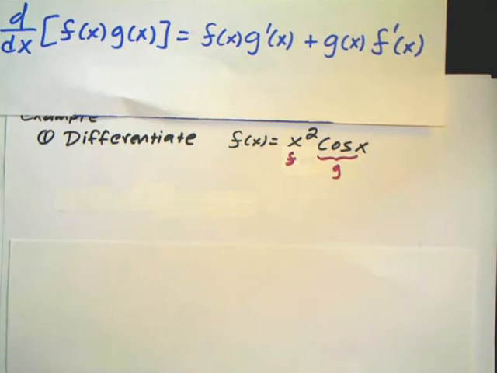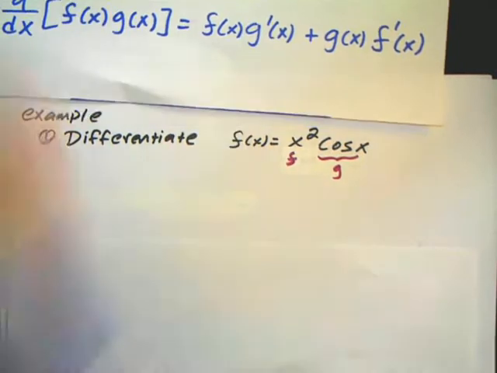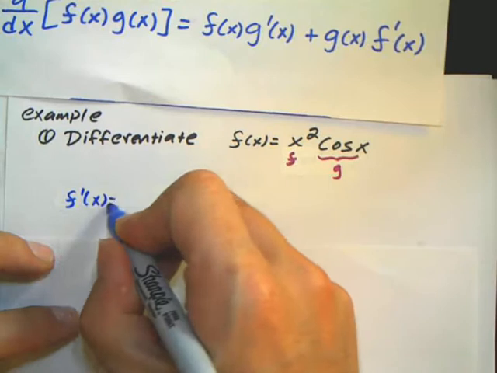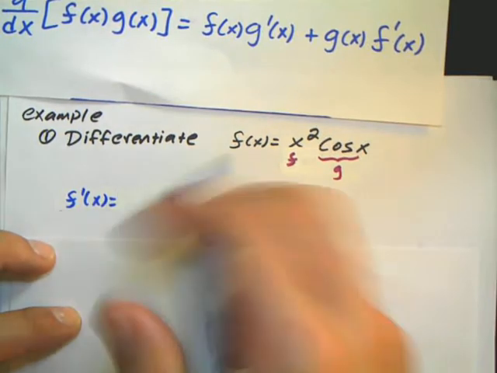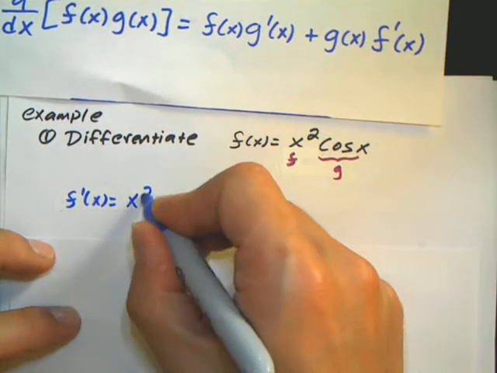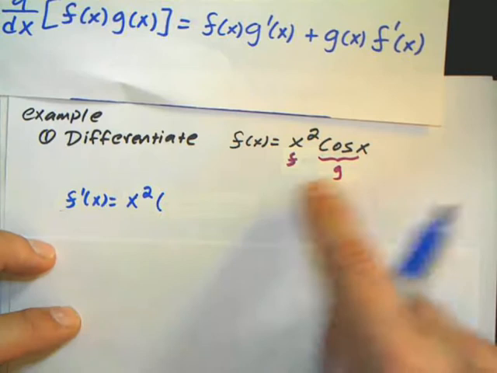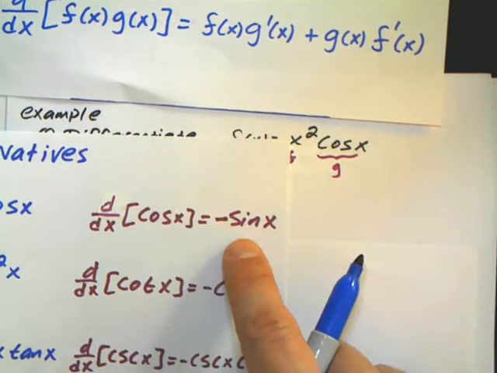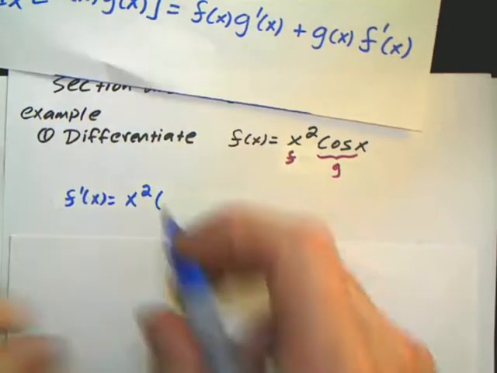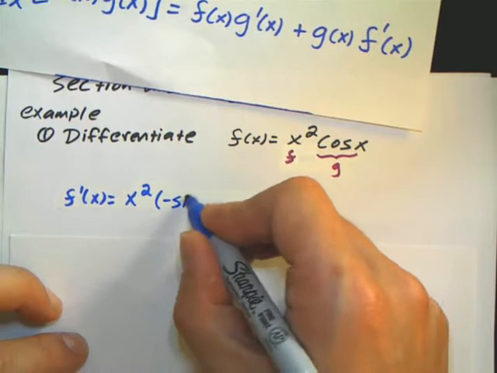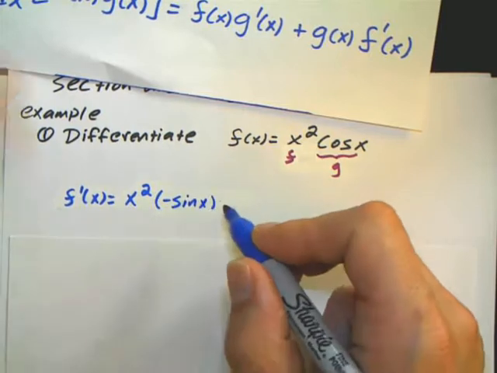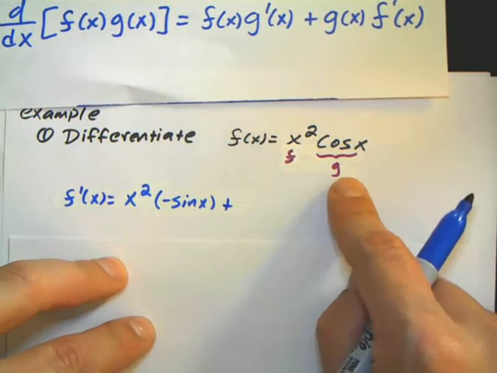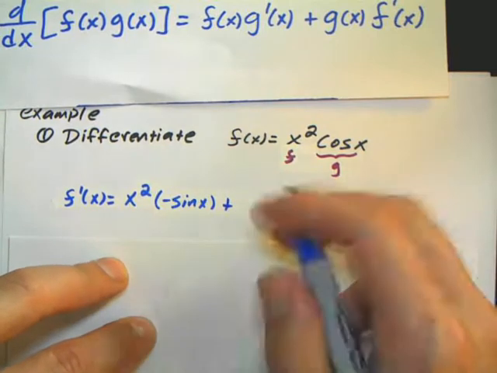From there, it's just a matter of following what the rule says, which will be f, x squared, stays the same. I'm going to multiply that by the derivative of cosine, which we just said is negative sine, plus this time cosine stays the same.